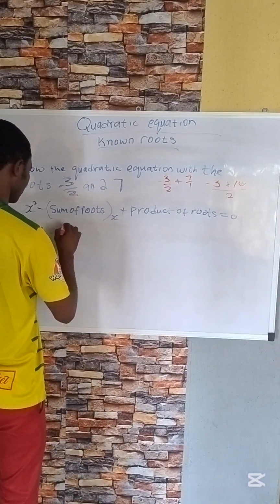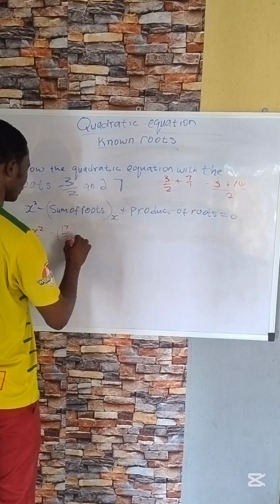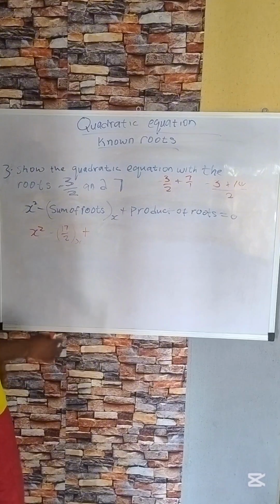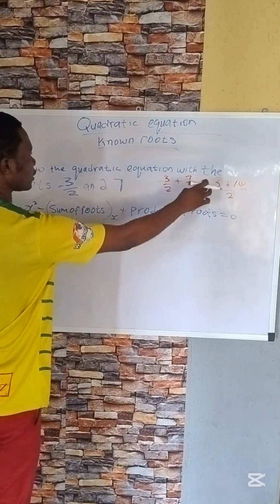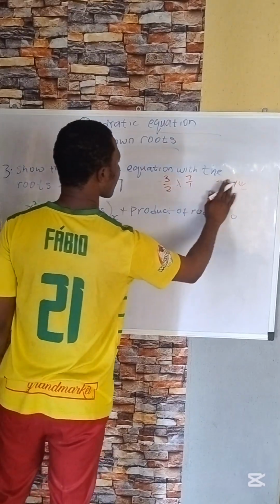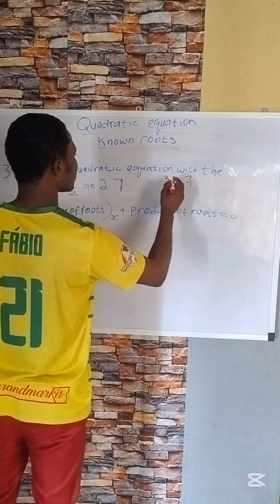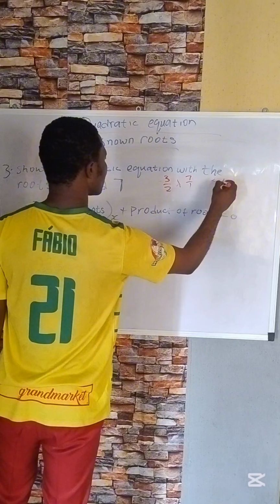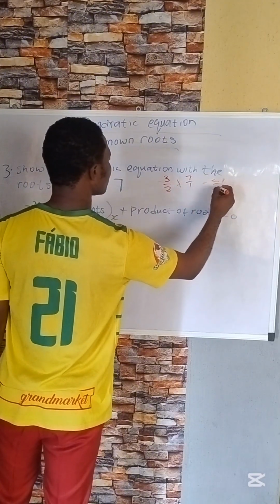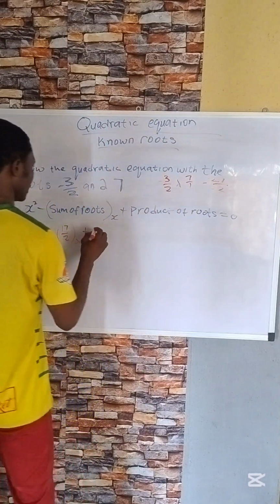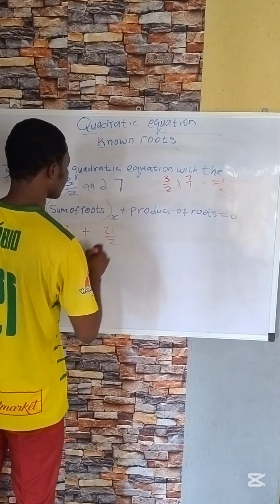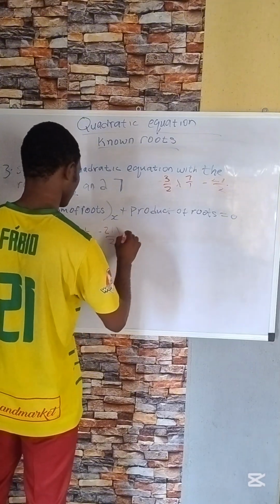Then plus the product of roots. Let's change this to multiplication: minus 3 times 7 gives minus 21 over 2, equal to 0.